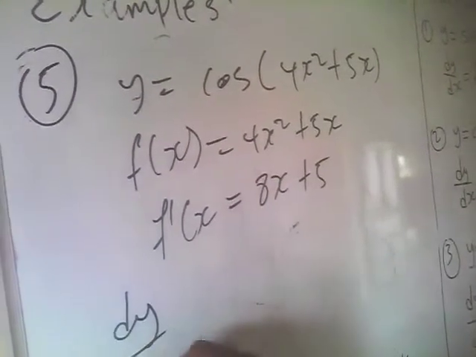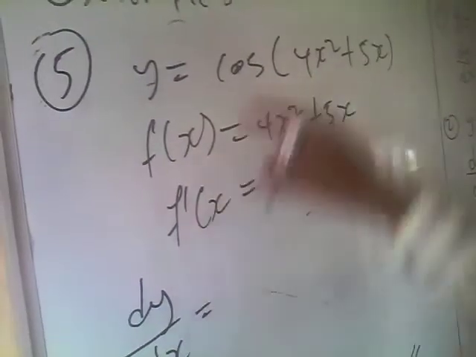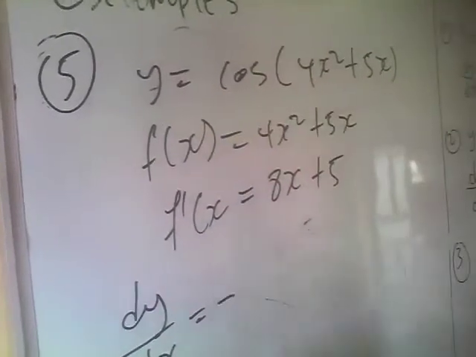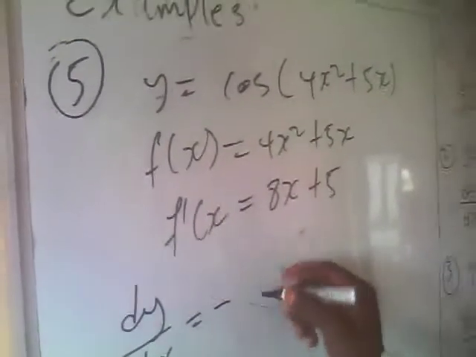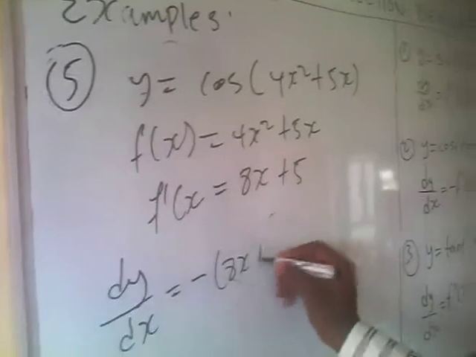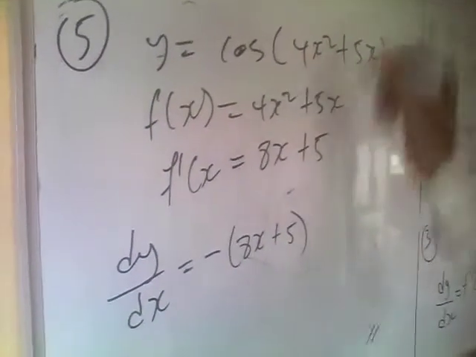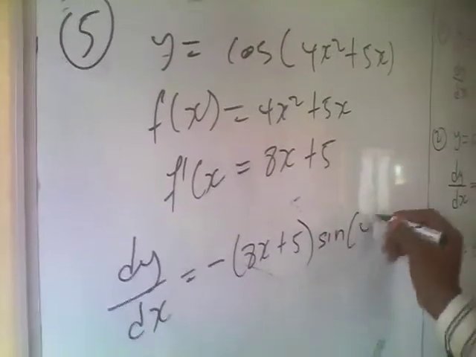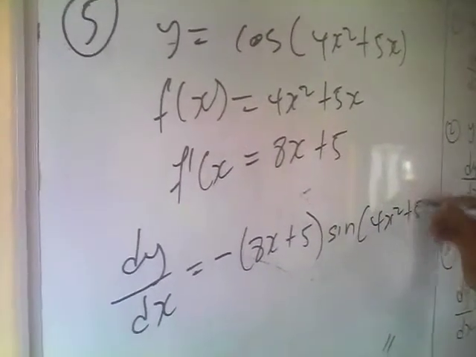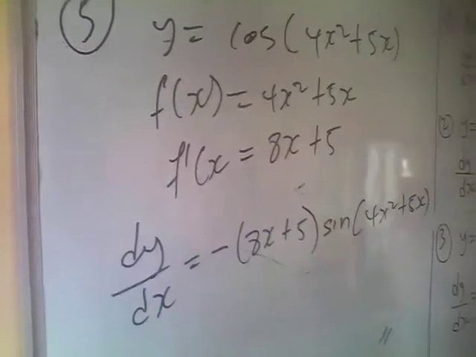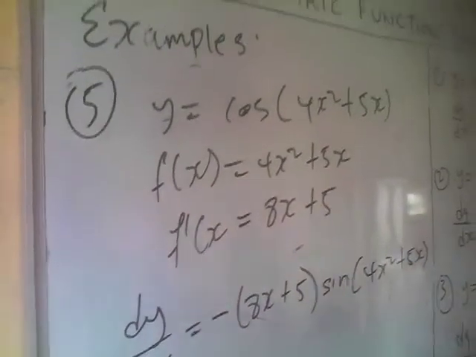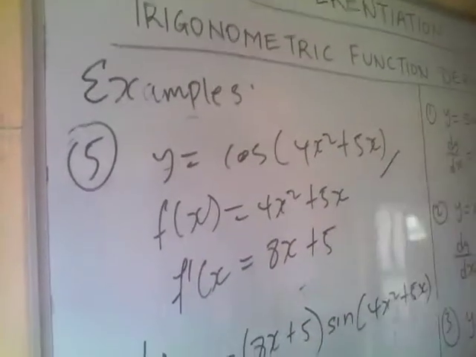Since it's a cos function, dy/dx will be minus f prime of x, so that's minus (8x plus 5) into sine 4x squared plus 5x. So that's the derivative of the cos function.